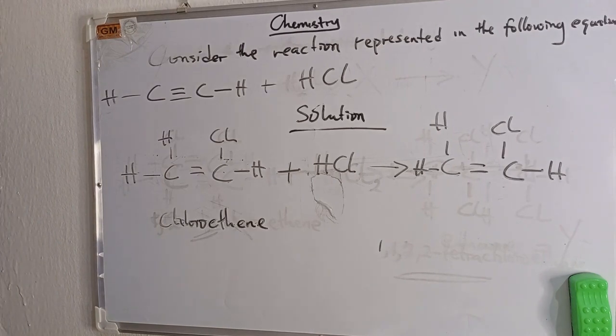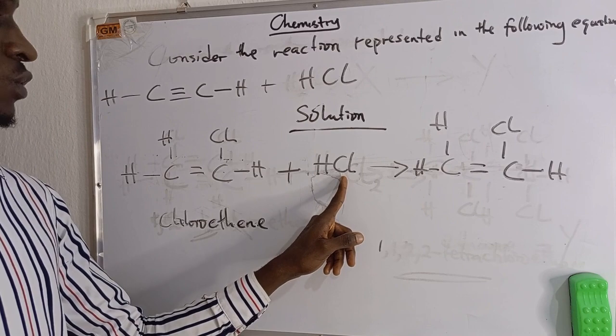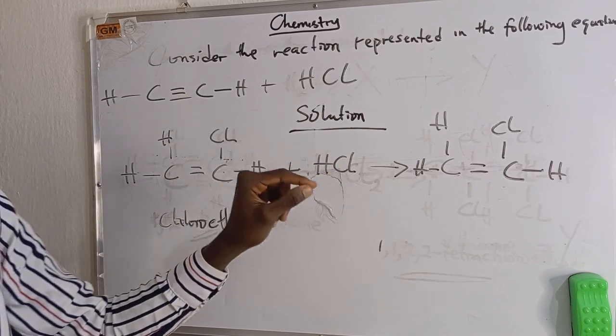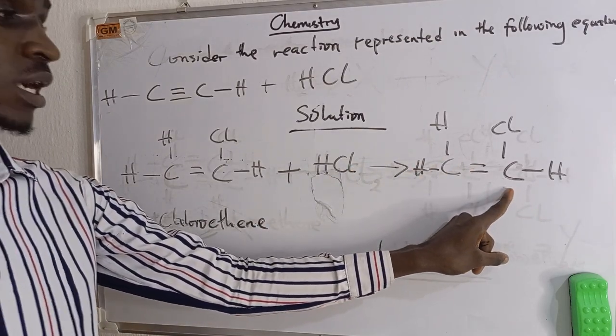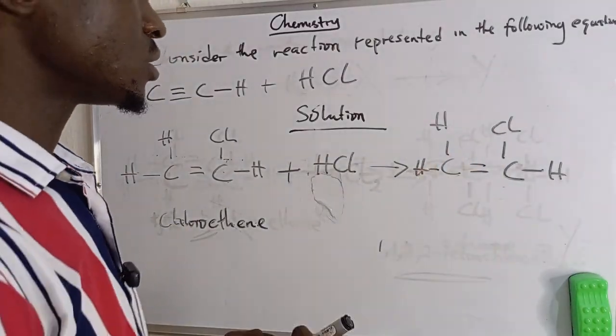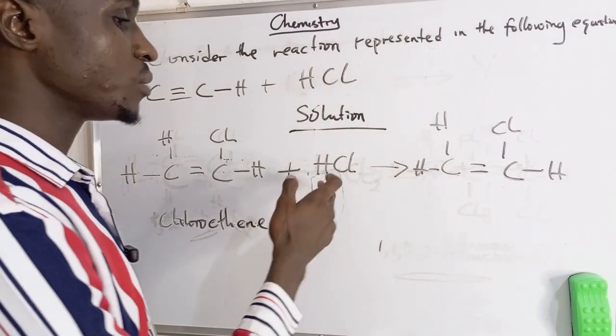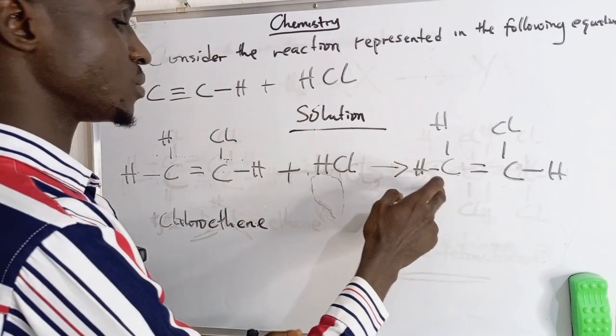Now, when this occurs, the way you have to do this is to make sure that chlorine also joins the particular carbon carrying chlorine. You will not just place it anyhow. Maybe you want to make hydrogen to be here, and then you make chlorine to be here.